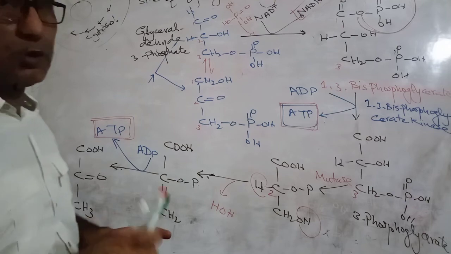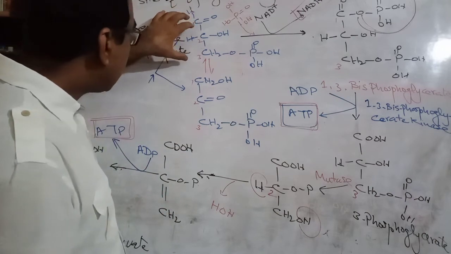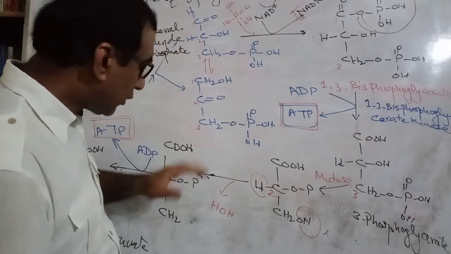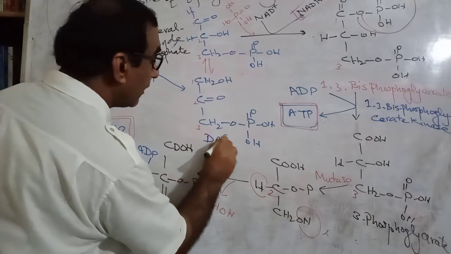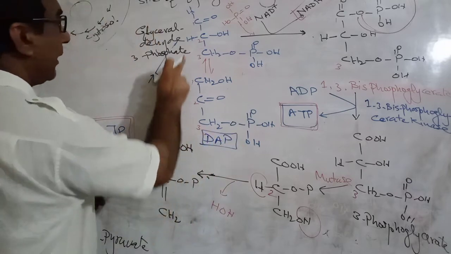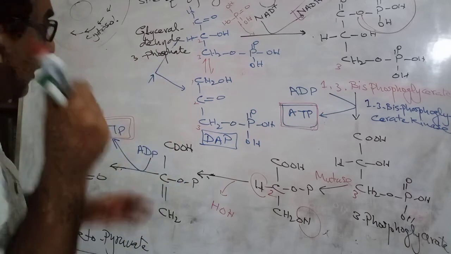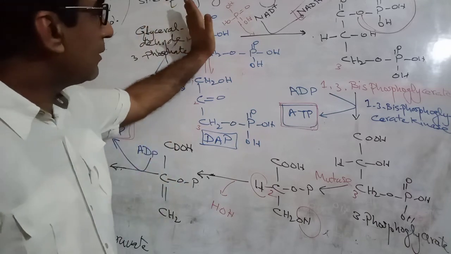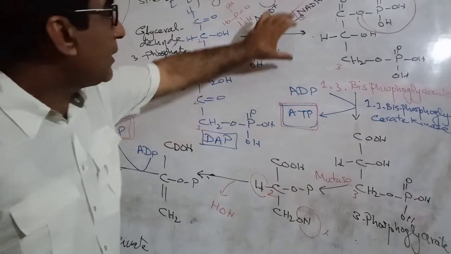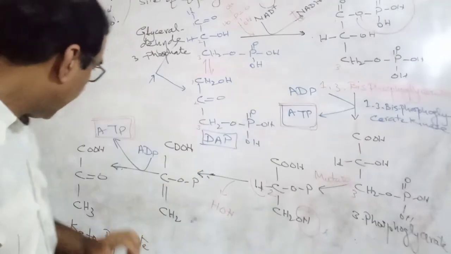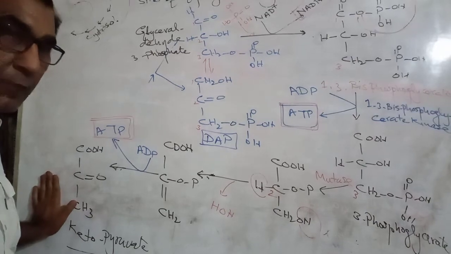As I told you people, this glyceraldehyde 3-phosphate and dihydroxyacetone phosphate are interconvertible. So this molecule will give rise to these energy packets, and at the end from this molecule pyruvate would be formed.